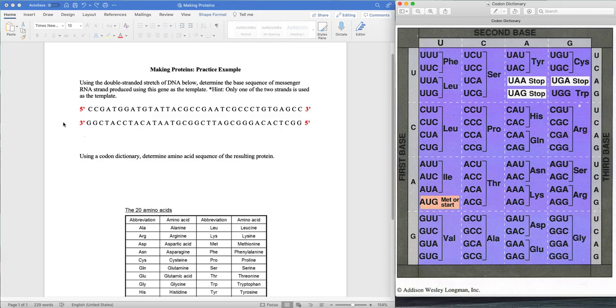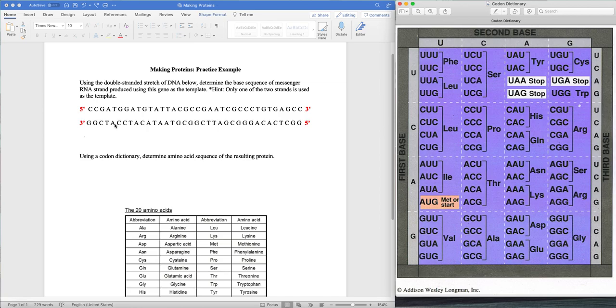Remember that the messenger RNA strand that's produced is complementary to the DNA strand, much like the two DNA strands are complementary to each other. As you can see in the DNA strands, C and G are complementary, or always paired together, and A and T are complementary, or always paired together.